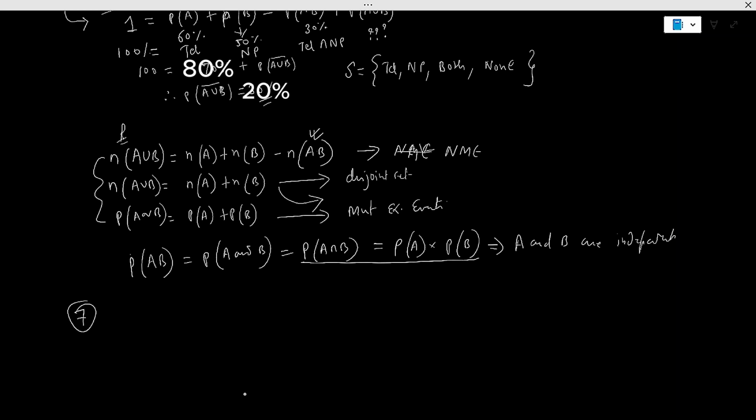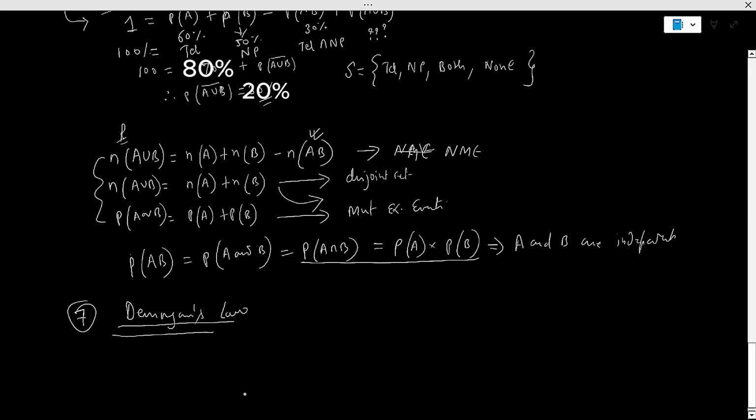Now let us see a very useful law in sets, called De Morgan's law. We can write (A union B) complement is A complement intersection B complement. In general form, we can say that the complement of the union of the events is equal to the intersection of their individual complements.